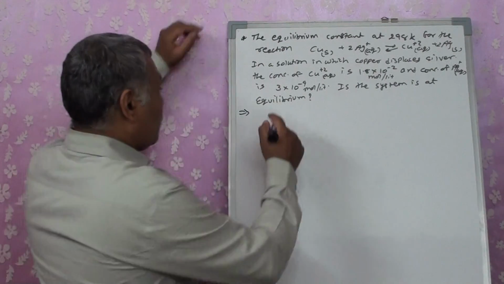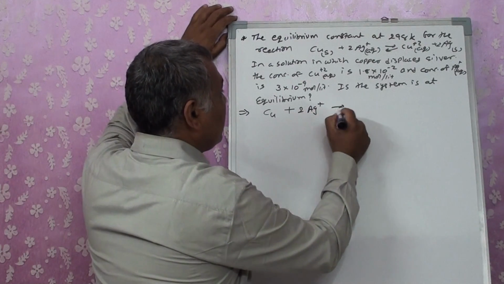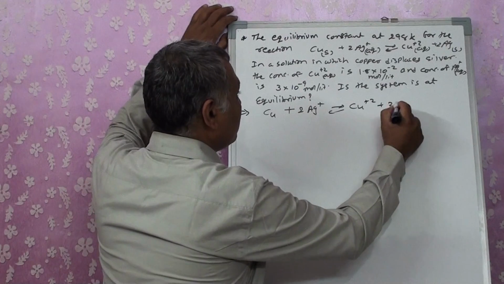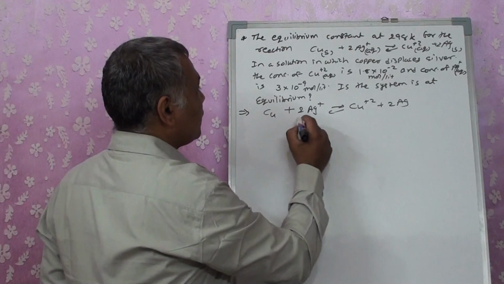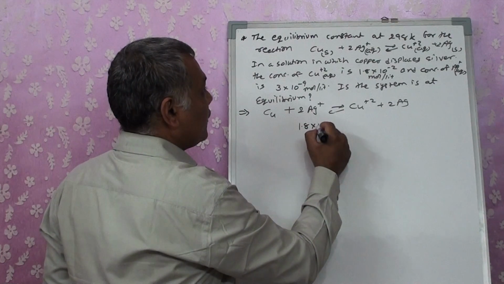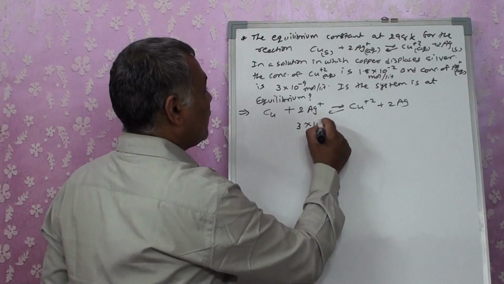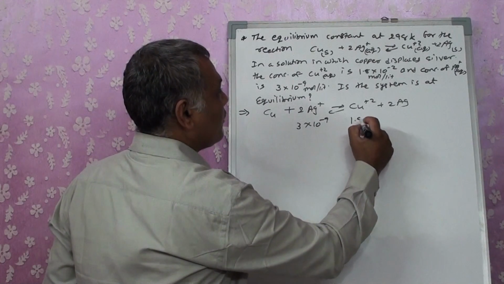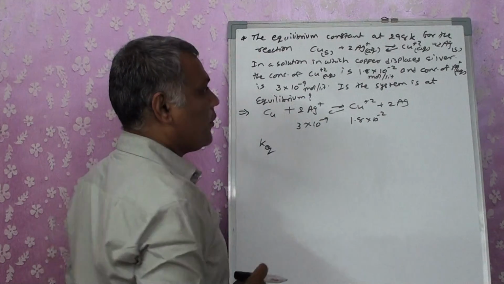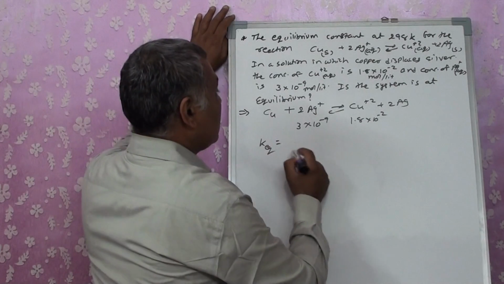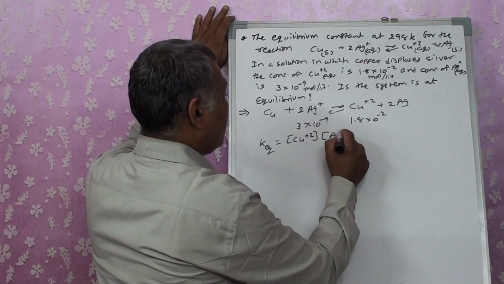When Cu and 2Ag+ get converted into Cu2+ and 2Ag, the concentration of Ag+ is 3 into 10 raised to minus 9, and for Cu2+ we have 1.8 into 10 raised to minus 2. If I write the expression, we get Cu2+ upon Ag+ whole square.